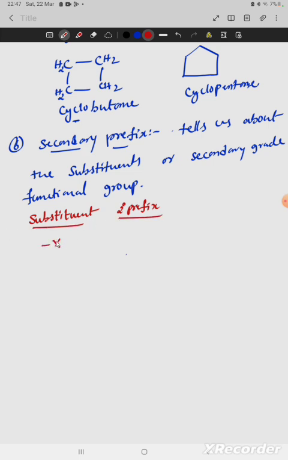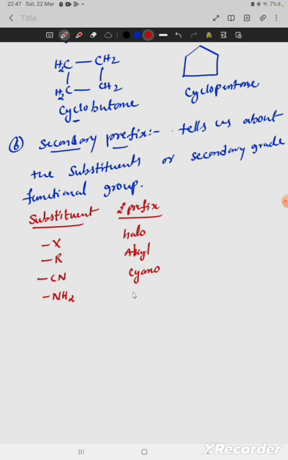Prefix for X, this is the halogens symbol. Here the prefix is halo. Substituent R means alkyl; here take alkyl as a prefix. Cyano group: cyano is the prefix.